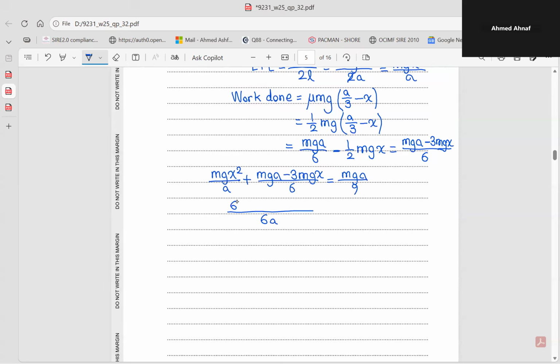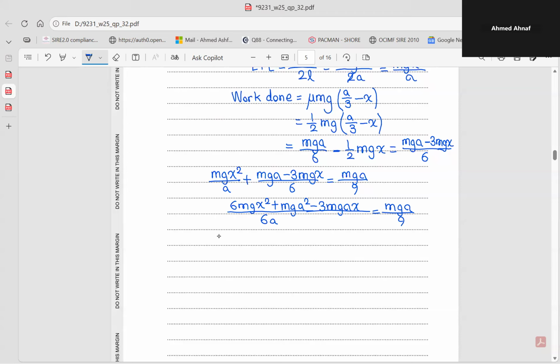Okay, so the left-hand side, let's combine it into a single fraction, over 6a. So multiply by 6: 6mgx squared plus mga squared minus 3mgax equals mga over 9. All right, now let's cross multiply.